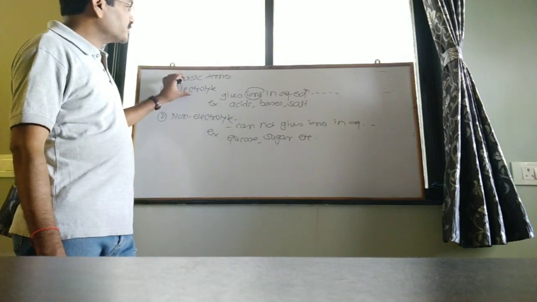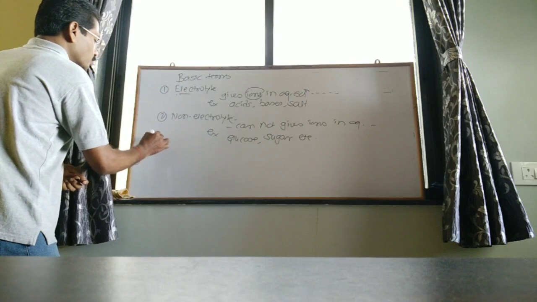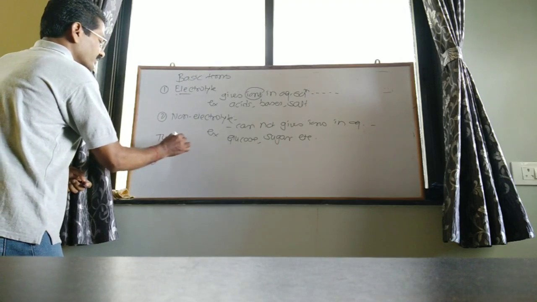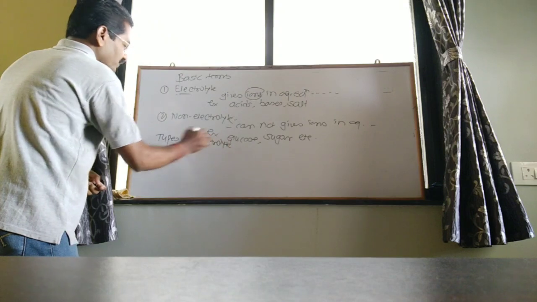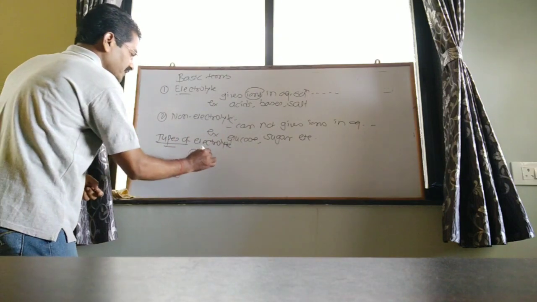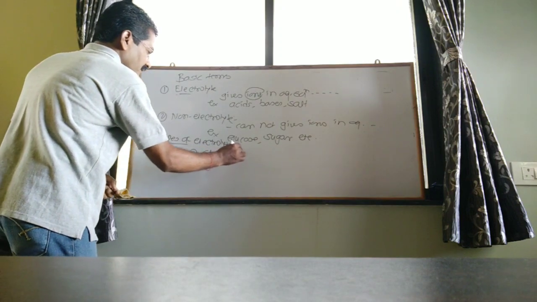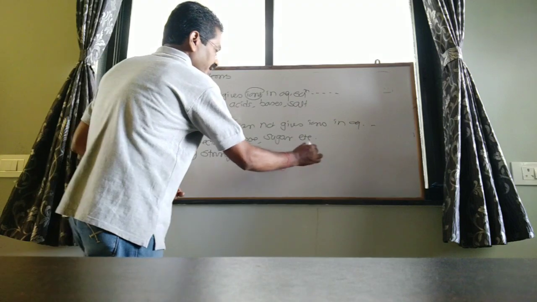Then see the types of electrolyte. There are two types of electrolyte. First one is the strong electrolyte and second one is the weak electrolyte.